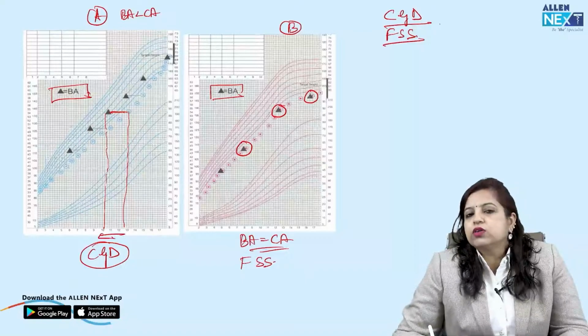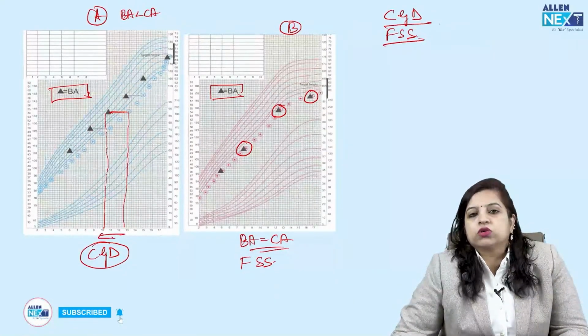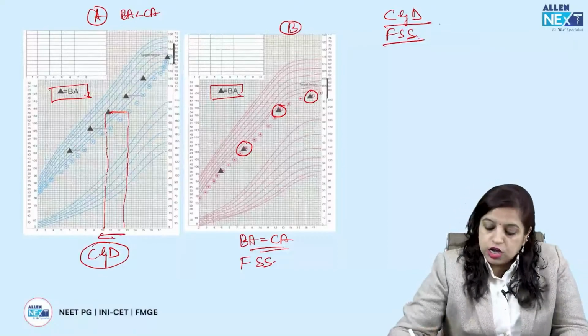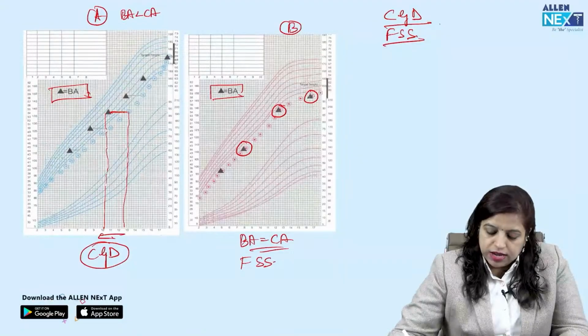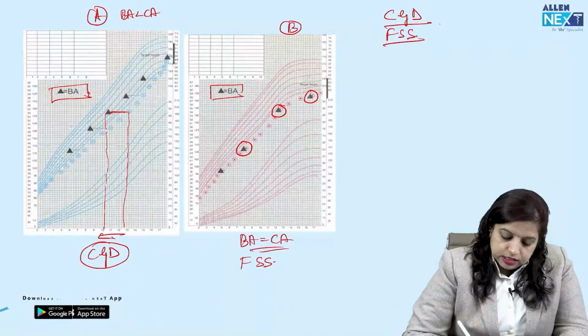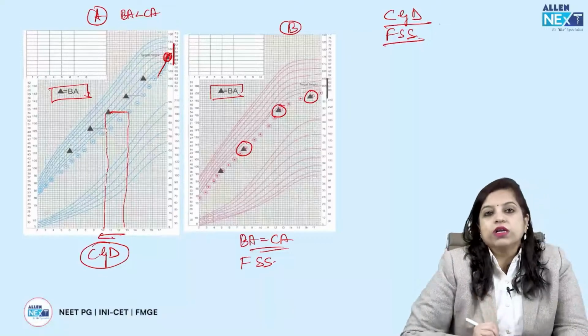Another very important clue to distinguish whether it's a graph of constitutional growth delay or familial short stature is, look at what is happening at the end of the graph. So here you can see the child is crossing the centiles, and actually his final height is within normal range.